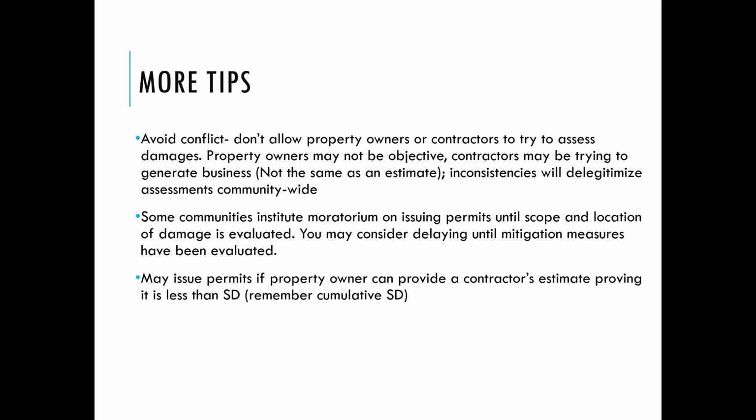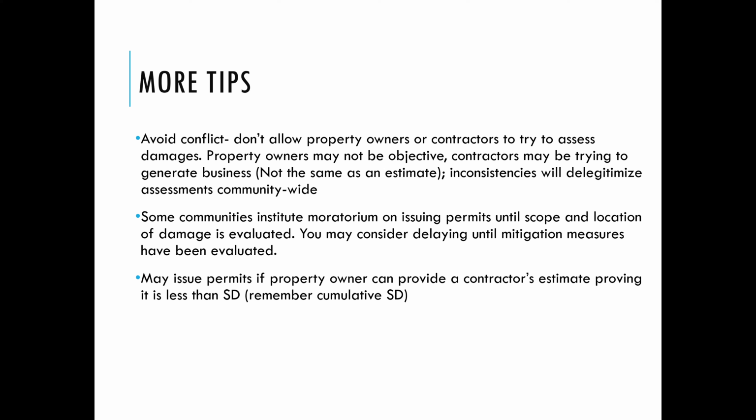Some communities, again, institute a moratorium on issuing permits until the scope and location of damage is evaluated. Again, people are trying to repair immediately as soon as something has happened, so we want to avoid that. That's a great idea. Put a moratorium on any permits until you have the scope and at least your field damage put into place.